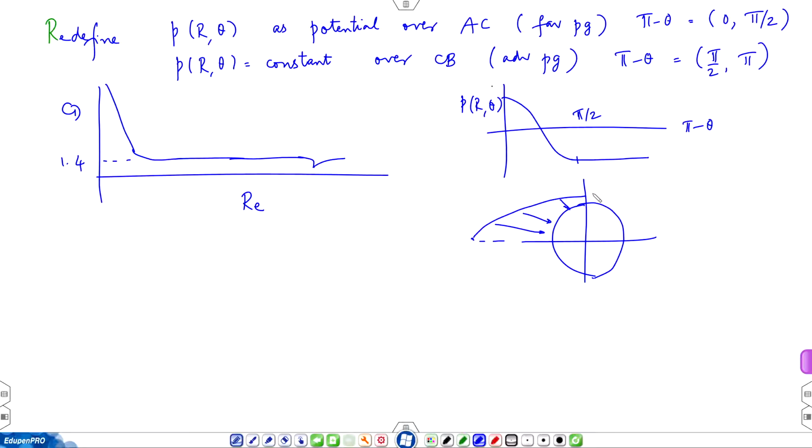But over this part, it is a constant. So, you can see that it is potential. So, now the left right symmetry is broken, and you expect a finite force acting on the cylinder.